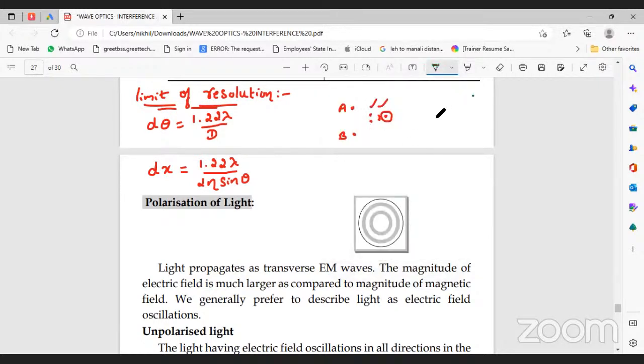Ajay, I'm going to write the 2-point objects here. Now you can notice the 2-point objects. Now I'm going to consider 2 more point objects like this.